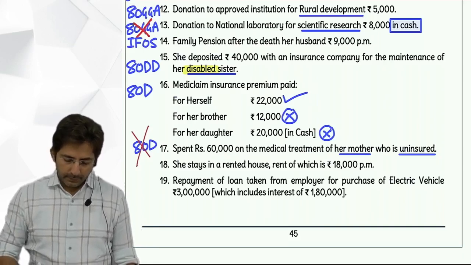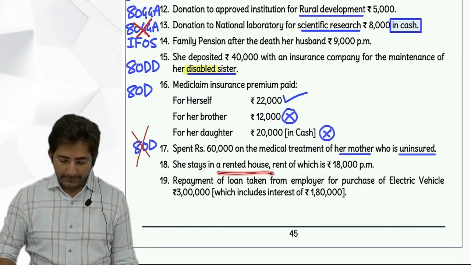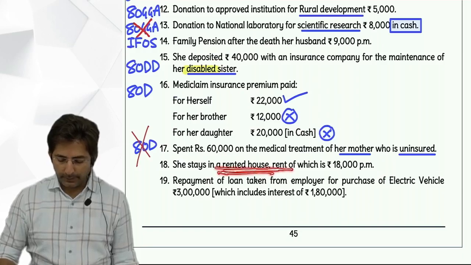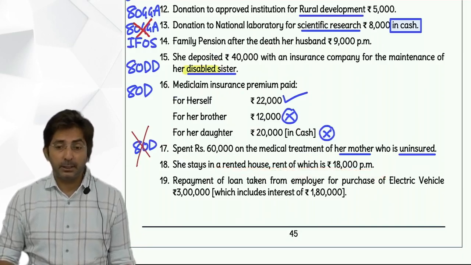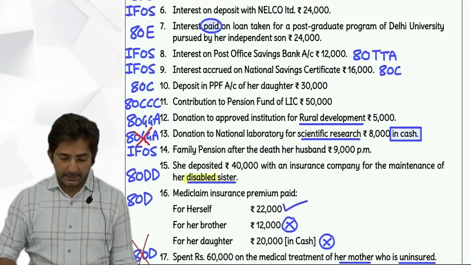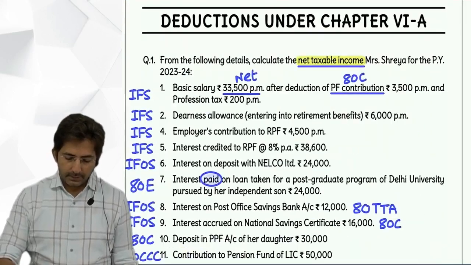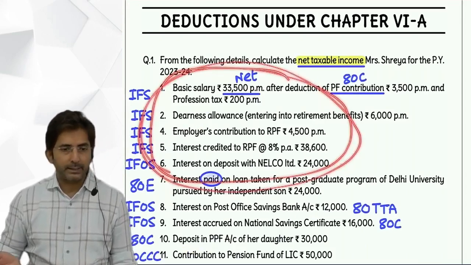Then she stays in a rented house. Whenever you stay in a rented house and you have to pay rent, you get 80GG. But in 80GG, you have to check the conditions. You should not receive HRA. Check, is she receiving HRA? Her salary details were given at the beginning of the sum, but she has not received HRA.